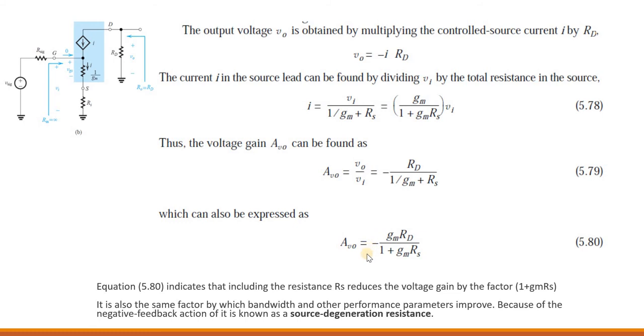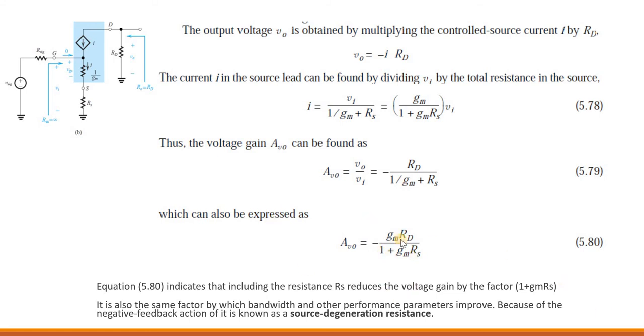This is for the common source amplifier with the source resistance. Without source resistance, we had the open circuit voltage gain as minus Gm into RD. So the open circuit voltage gain reduces by the factor 1 plus Gm into Rs. That is the difference between with and without source resistance.